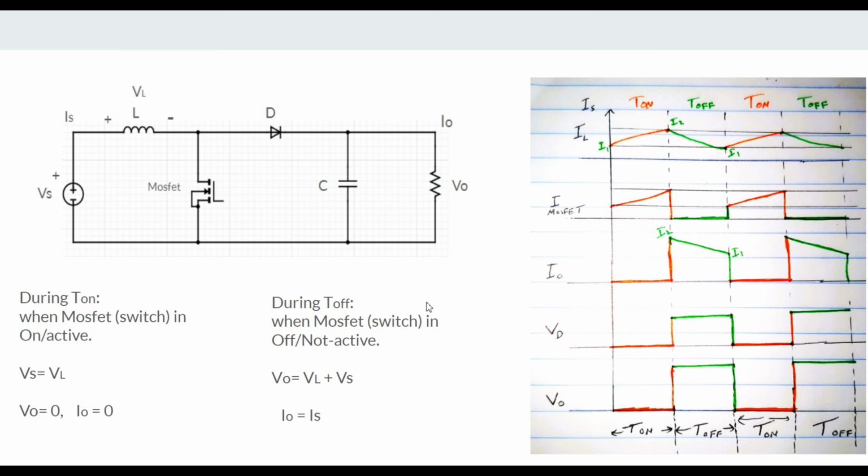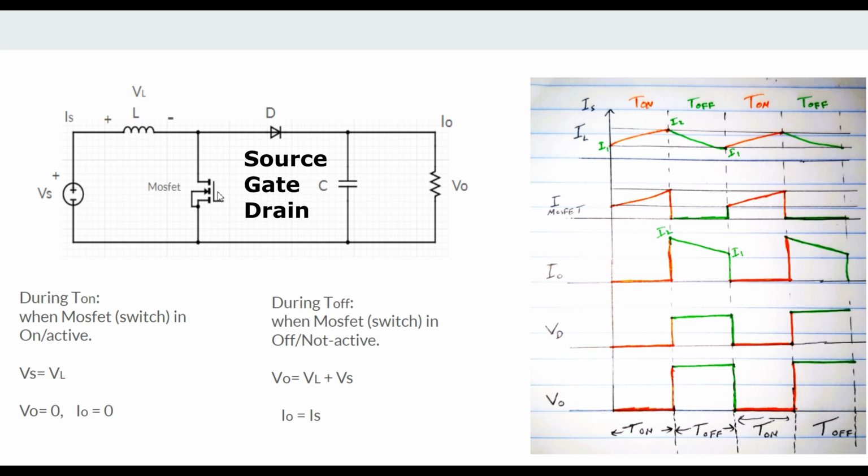And one thing is very important. As I told you, you can control the output of this boost converter by giving a different on time and off time at this MOSFET gate or NPN base. You can have an NPN base or whatever it is.